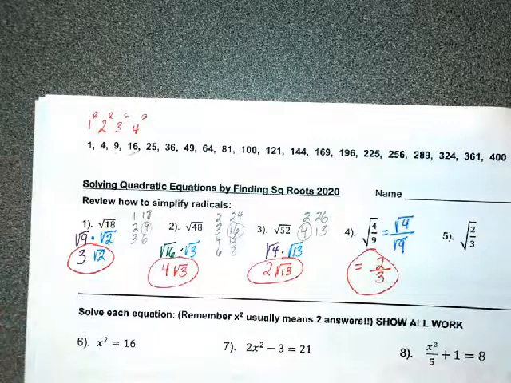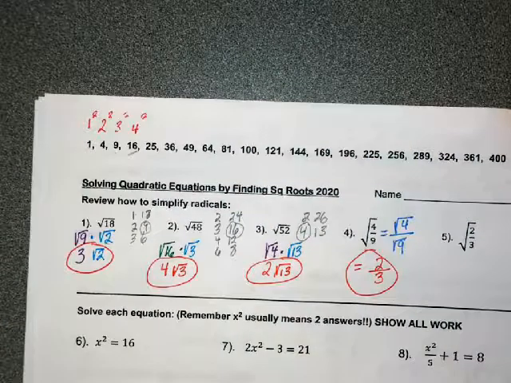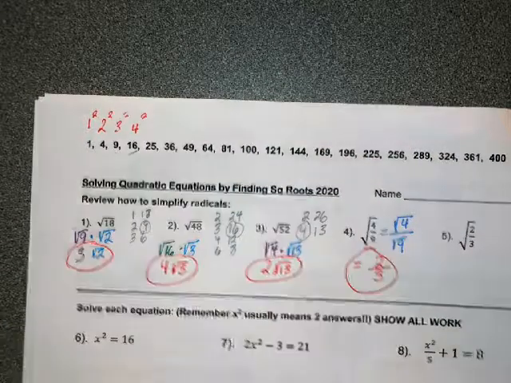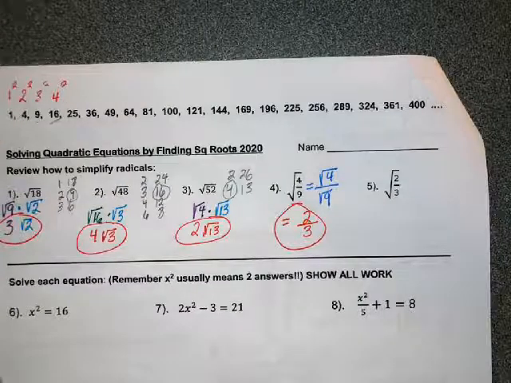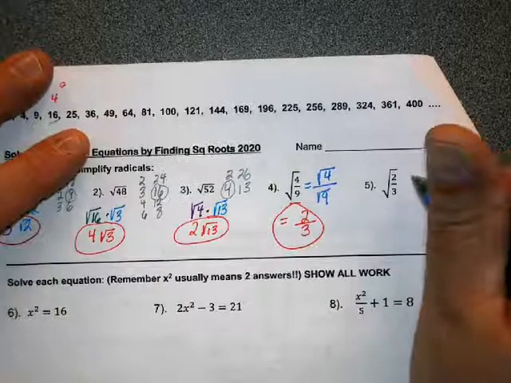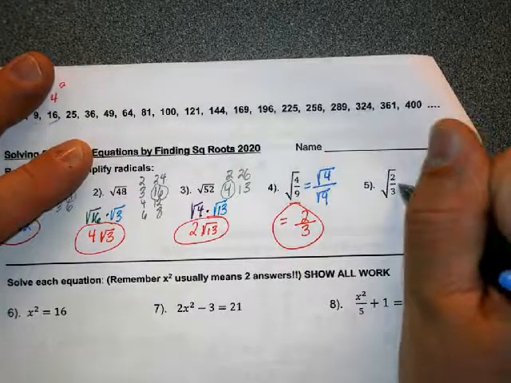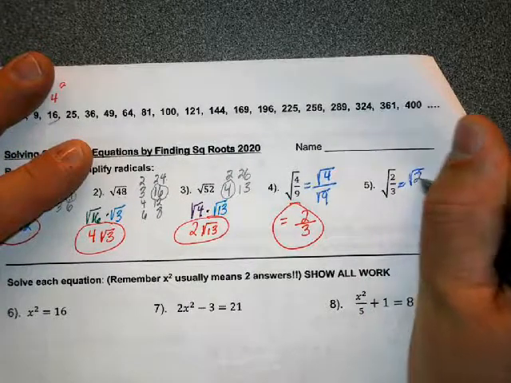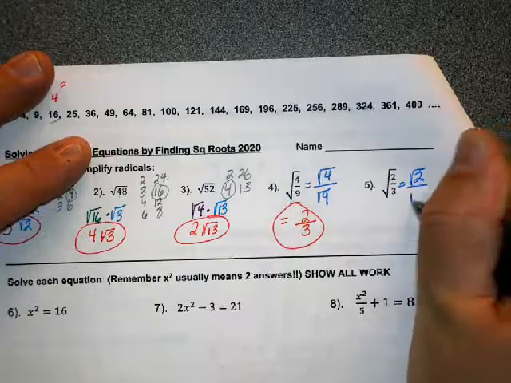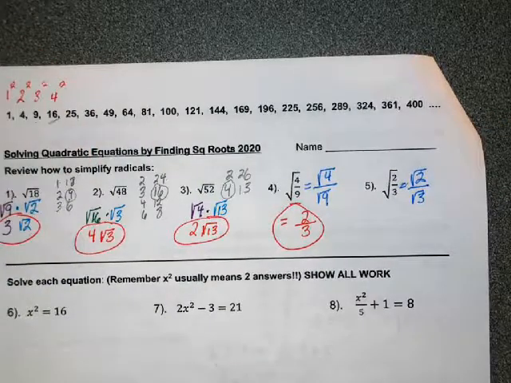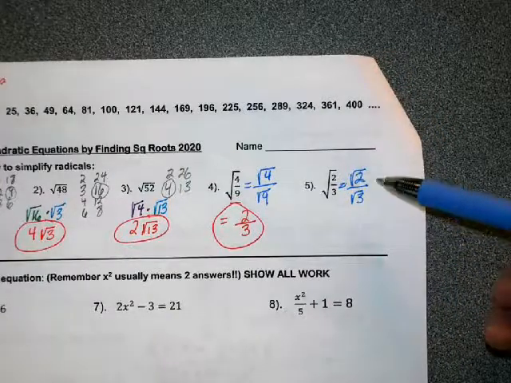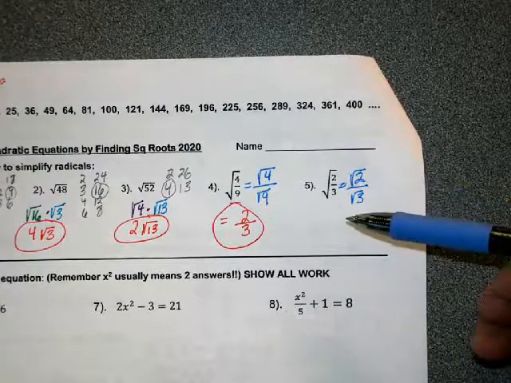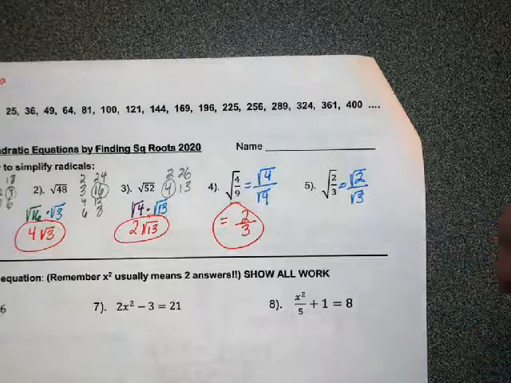And then, number 5. Well, again, we're going to split this up to get the square root of 2 divided by the square root of 3. Right? Well, you're saying to yourself, well, none of these are perfect squares. Am I done? Well, no, you're not.